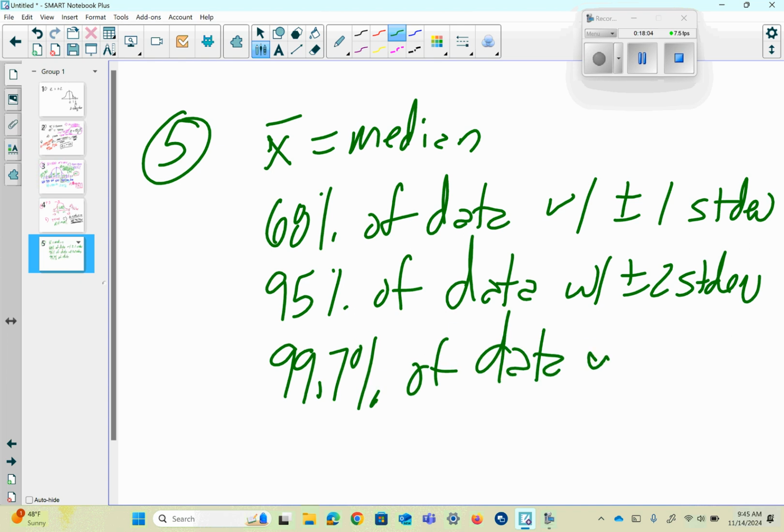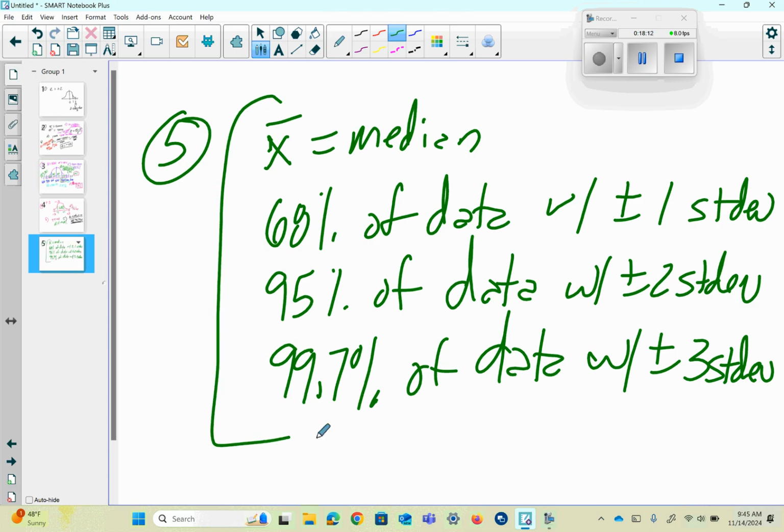My writing is getting better and better as we go on with this day. This is only second period. So all of these are normality. If you wanted to phrase that, and I'm not going to ask you to write that out, those are right now all of the tests that we have to know for normality. The mean and median have to be the same. 68%, 95%, 99.7% fall within those standard deviations.